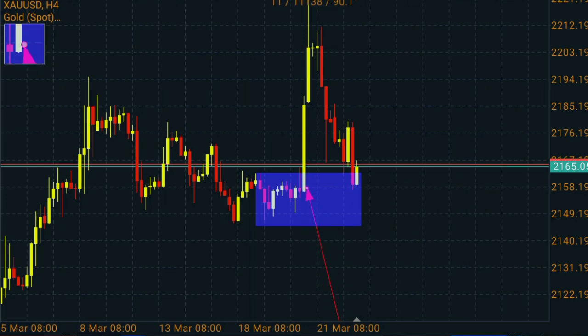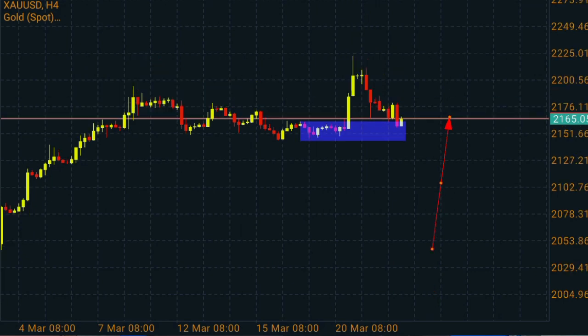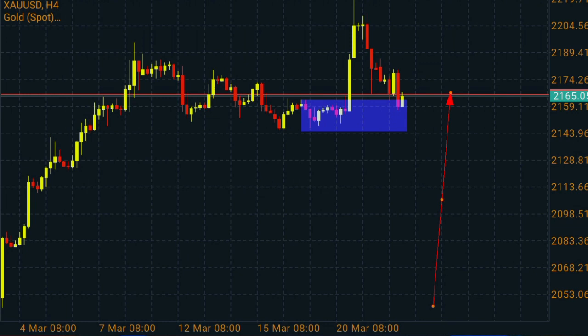As you can see, where I told you, you will see a bullish engulfing on H4. Look at it, it's showing here. Without wasting much time, let me dive into it so that you can see it practically, one after the other, in the zone where I will be expecting movement to occur.